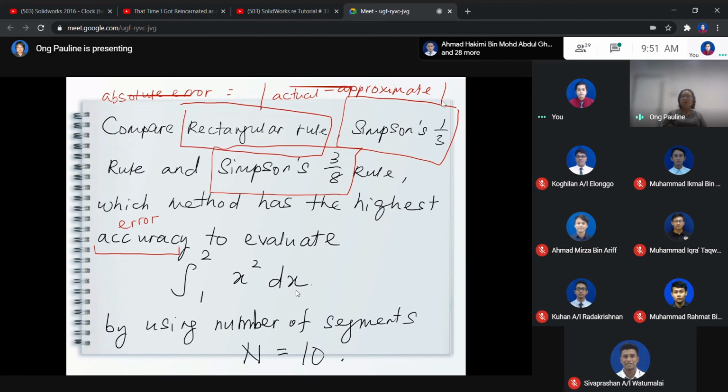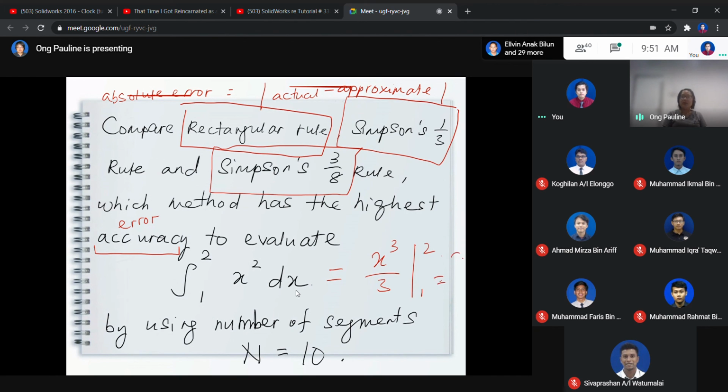The answers you obtain from the rectangular and Simpson's rules are all approximate solutions. What you need to find out is the actual solution. For the actual solution, you just integrate x squared from 1 to 2. This is simple: x cubed over 3, then evaluate from 1 to 2.